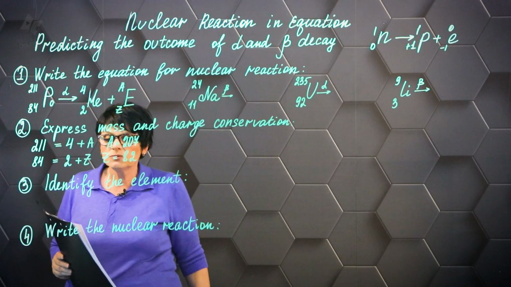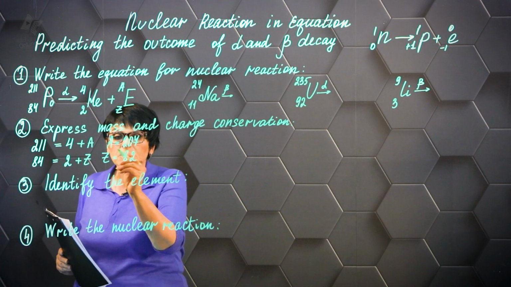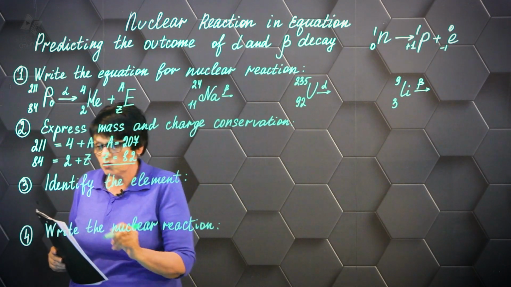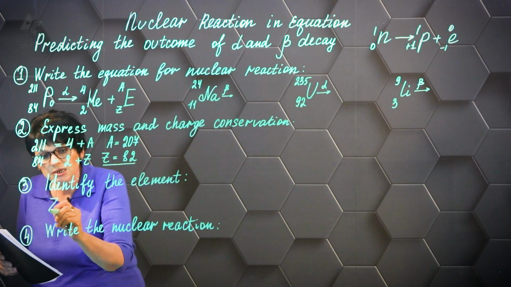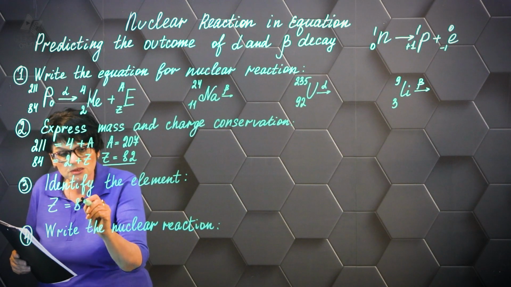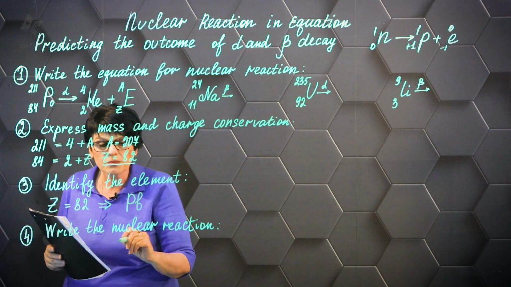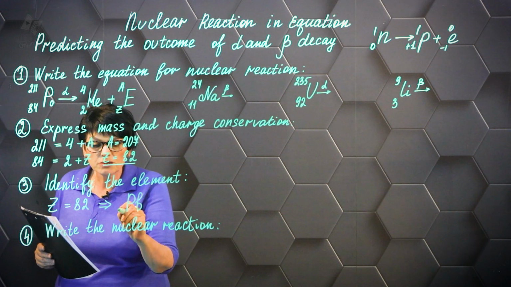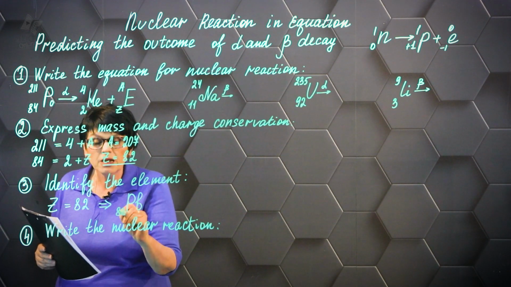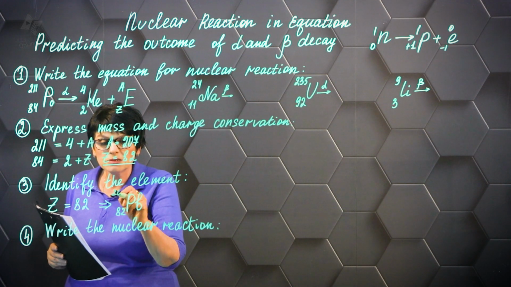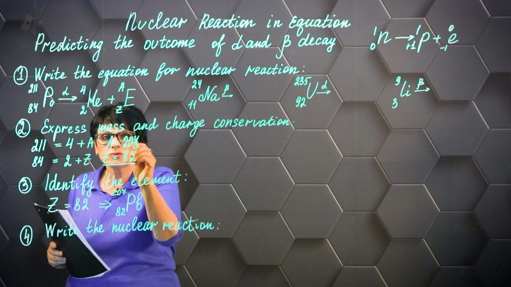Then we have to identify which element, but since the main characteristic is the sequence number, we can say Z equals 82. Therefore, it's lead, and lead will have its atomic number and the mass we established earlier. Well, now finally we write down our resulting equation.